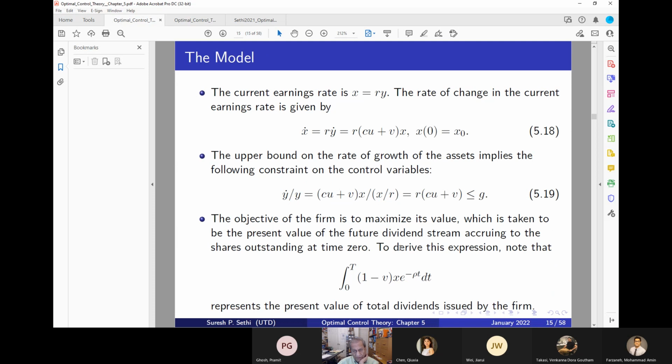So to maximize its value, which is taken to be the present value of the future stream accruing to the shares outstanding at time 0. To derive this expression, note that this is the present value of all the dividends. Some of the dividends over time will also go to people who bought new equity, because they are new stockholders coming.